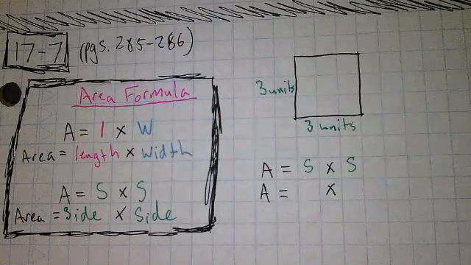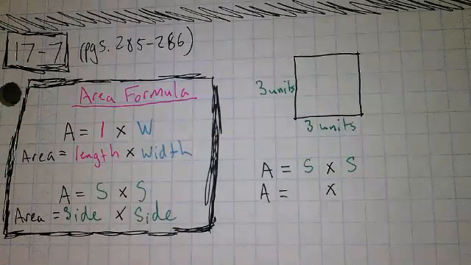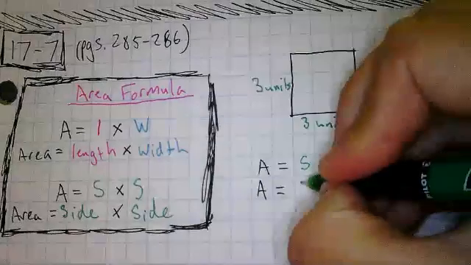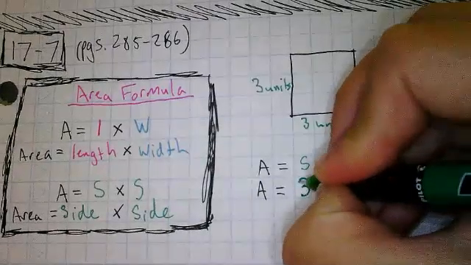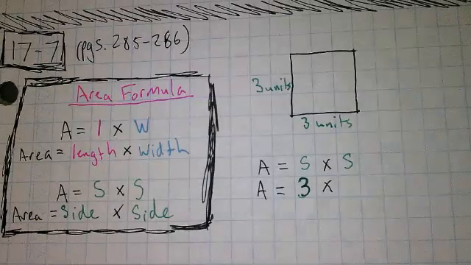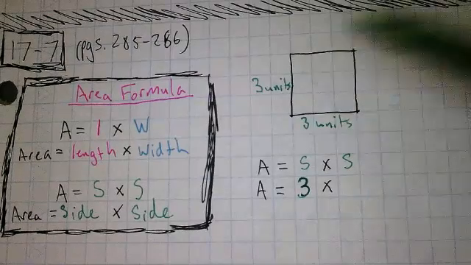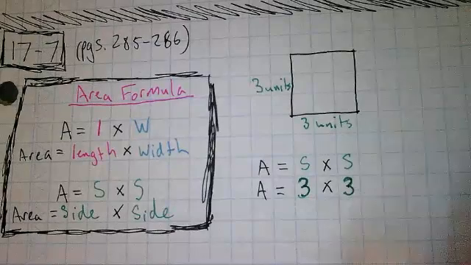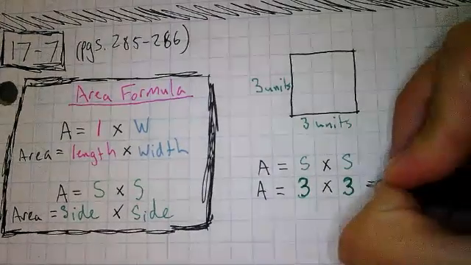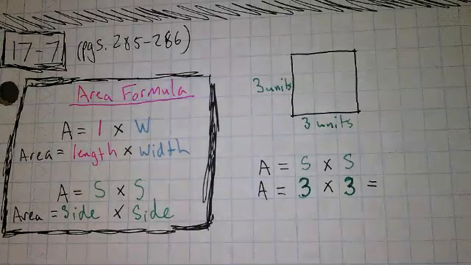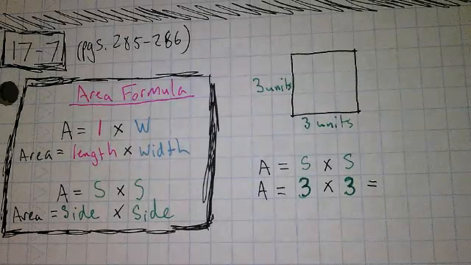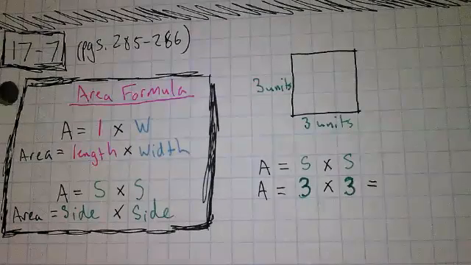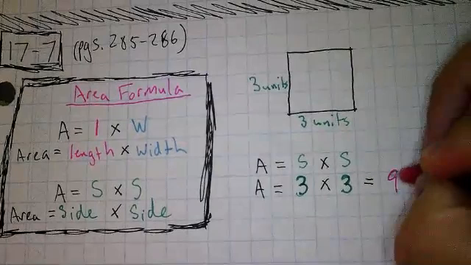What's the length of my side, Caroline? 3 units, so I'm going to put a 3 here, right? What about my other side? So this is a side by a side. What's my other side, Vincent? 3. Now all I have to do is multiply those together, and I'm going to get my area. What is 3 times 3, Mackenzie? So I get 9 units.